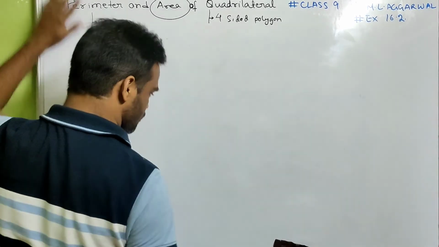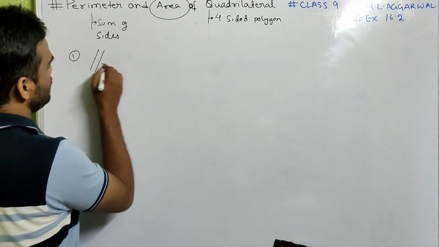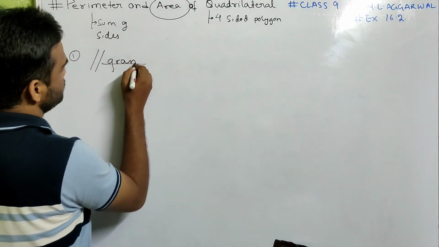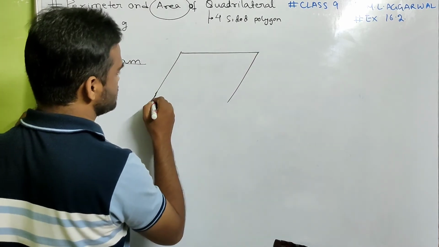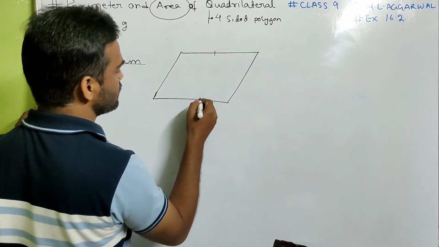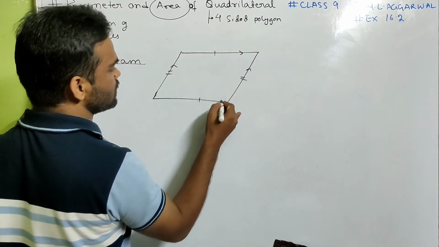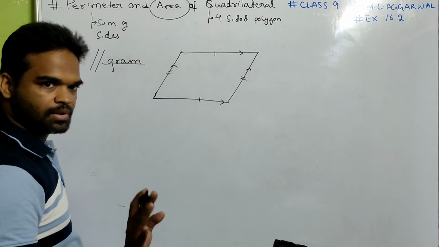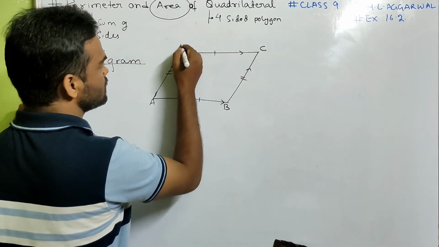Number one, parallelogram. Okay, parallelogram is what? Opposite sides are equal. These two and these two are equal, and they are parallel to each other. Am I clear? So this is ABCD.